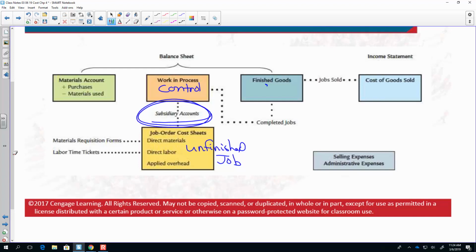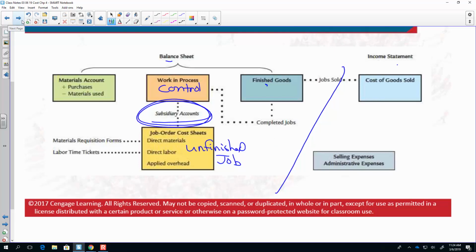In intermediate? Okay. And I think it does a nice job showing what's on the balance sheet, what's on the income statement as well.